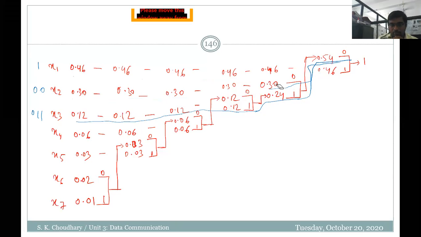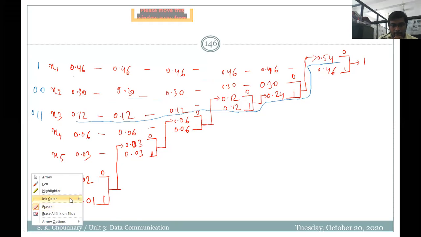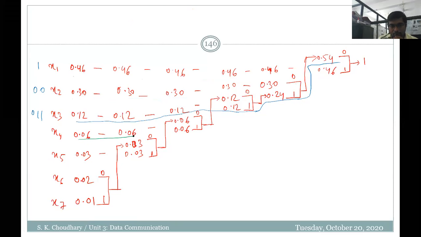Okay, there is a lot of jumbled writing, so I have to delete that. Now come to x4. You can see 0.06 here. This is on the same line. Then again it would be matched to this path.